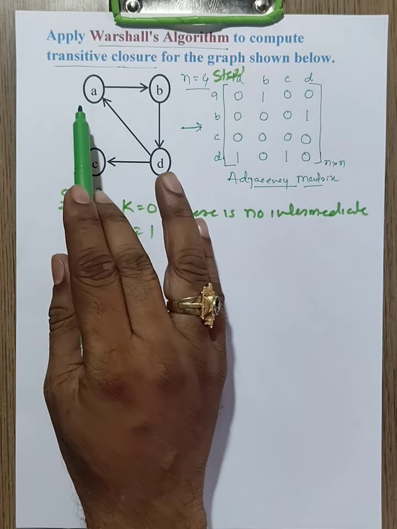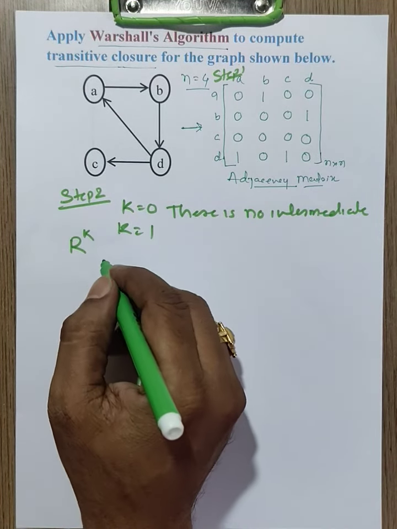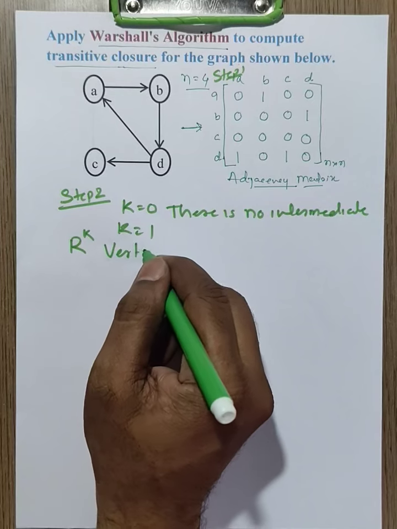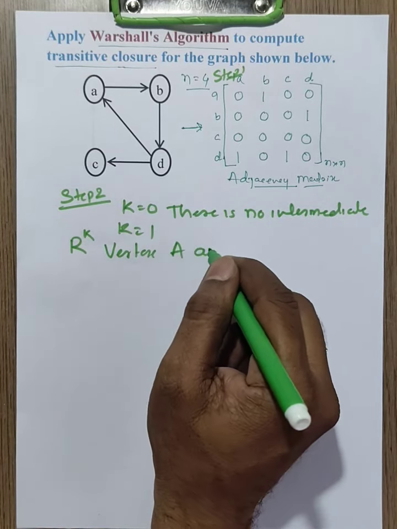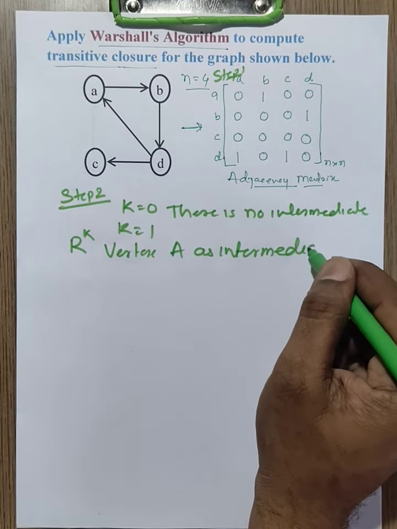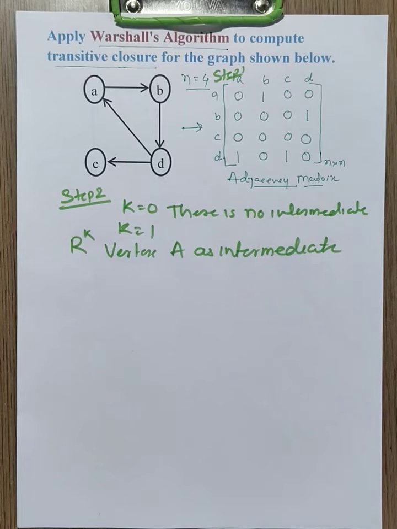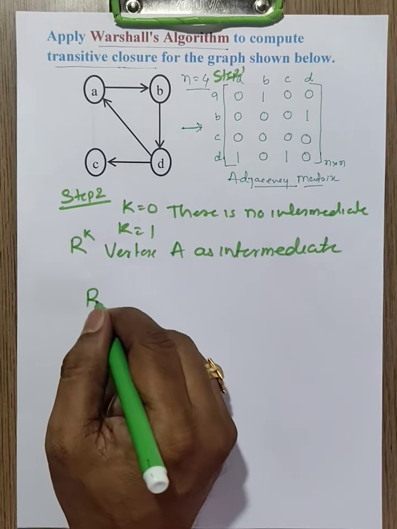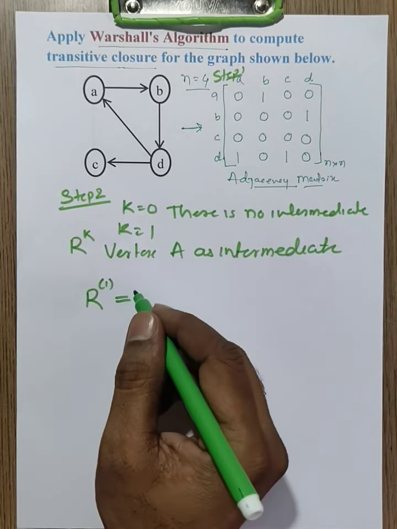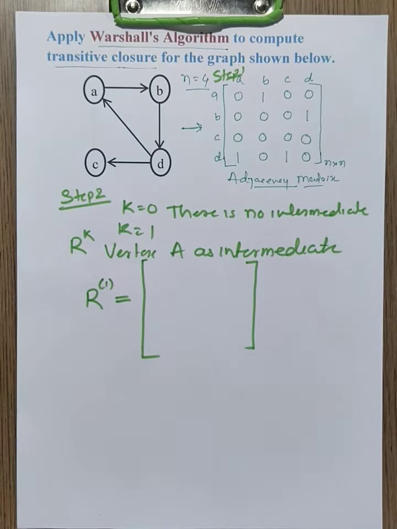By default, you start from the first, A, then B, then C, then D. So in step 2, vertex A is the intermediate vertex, which means using A we can take transitions. That is R to the power 1, to find.